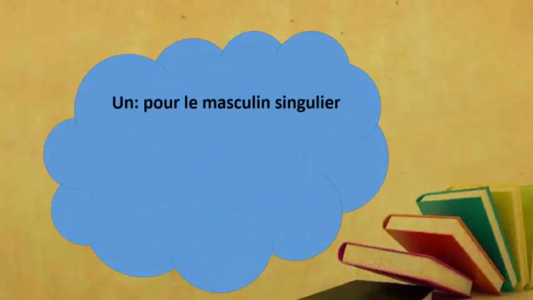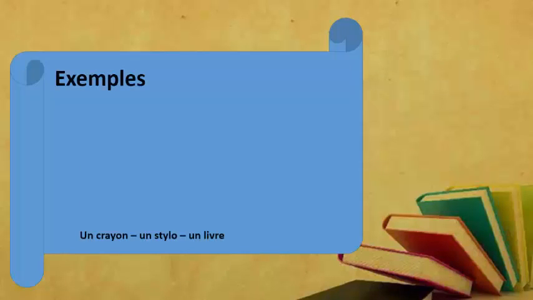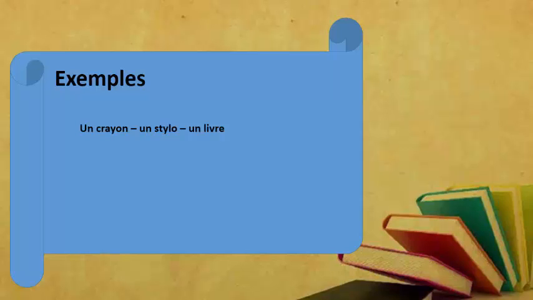Prenons des exemples pour le masculin singulier un, pour le féminin singulier une et pour le pluriel des. Crayon, stylo, livre. They are three masculine nouns, masculin, singulier. That's why we put un for it. Un crayon, un stylo, un livre.